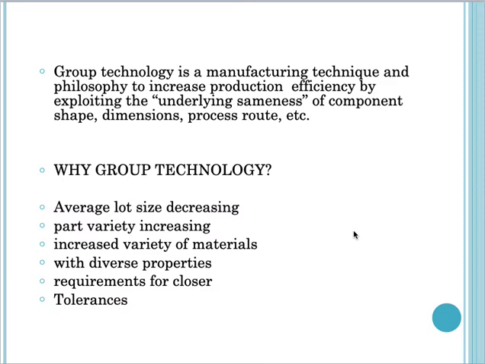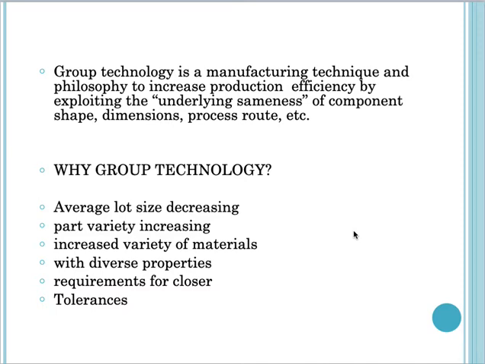This design retrieval system is a manifestation of the group technology principle applied to the design function. To implement such systems, some form of parts classification and coding is required.